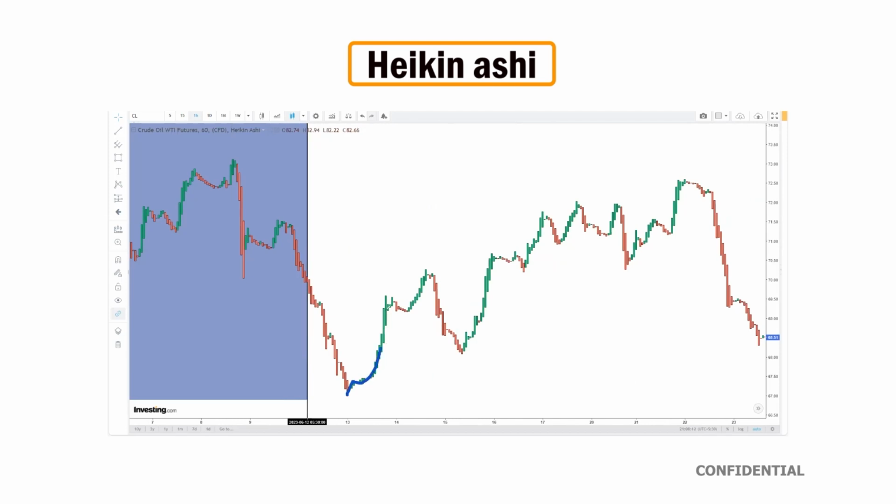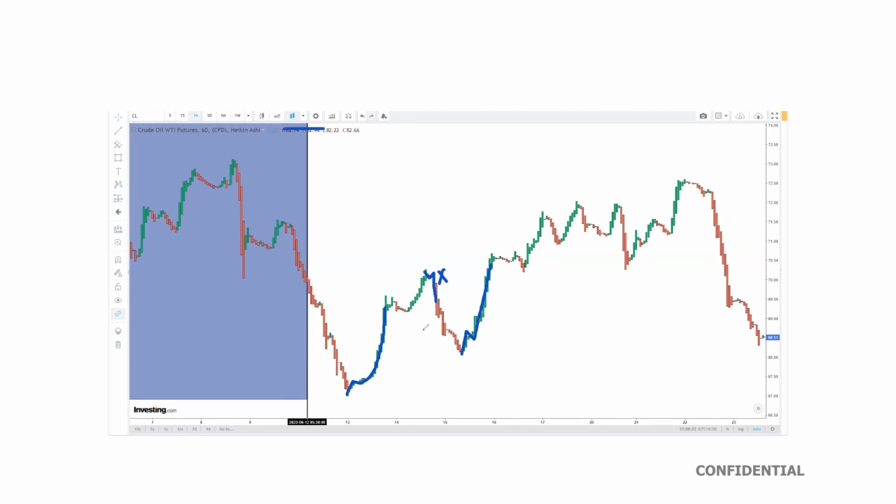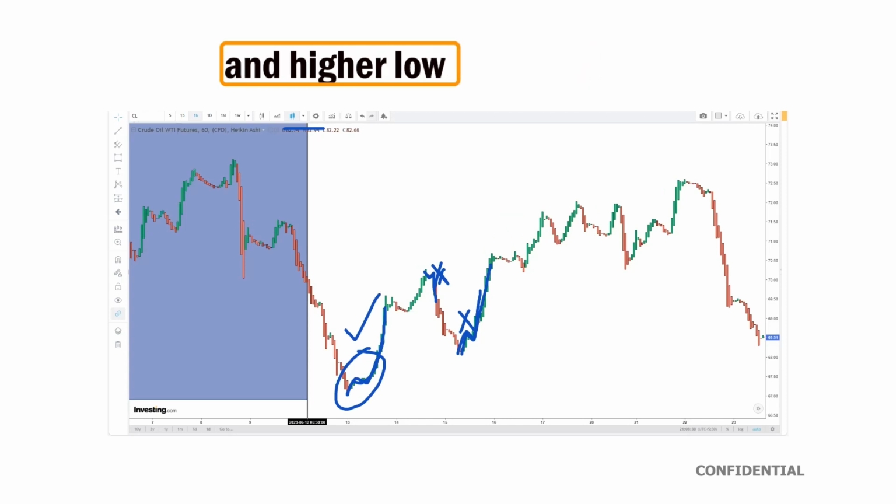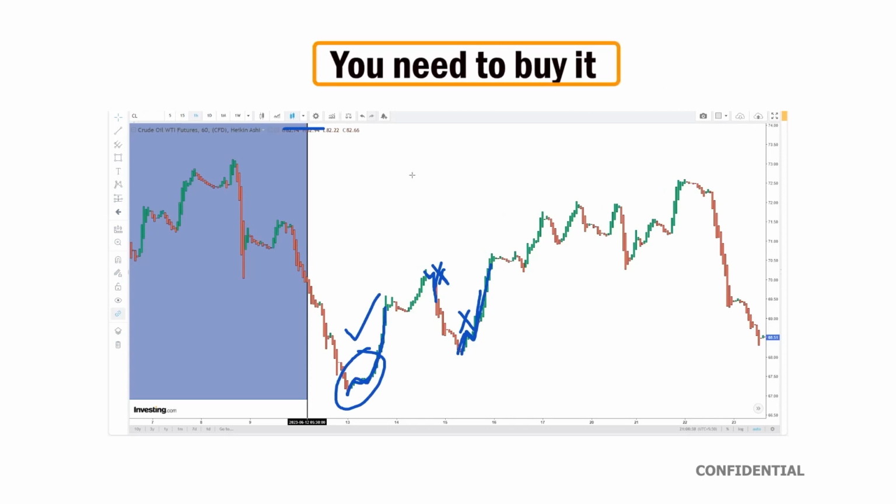On an hourly chart, you see the market is stuck in a range. Now, whenever the market around this base, on a lower time frame, this is a rectangle pattern, whenever the market starts making a higher high and a higher low around the base on an hourly time frame, this is where you need to buy it.